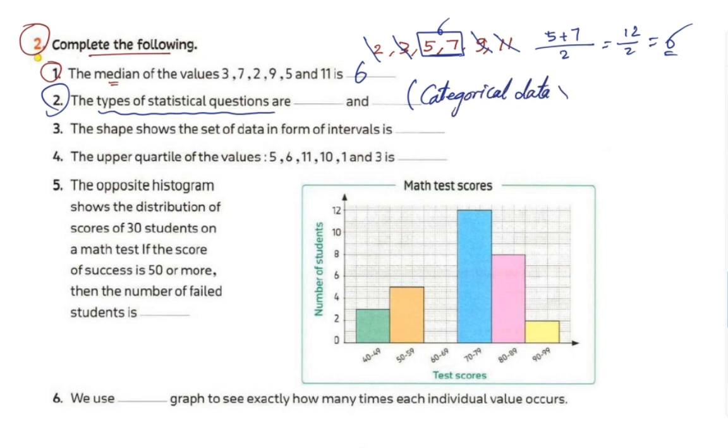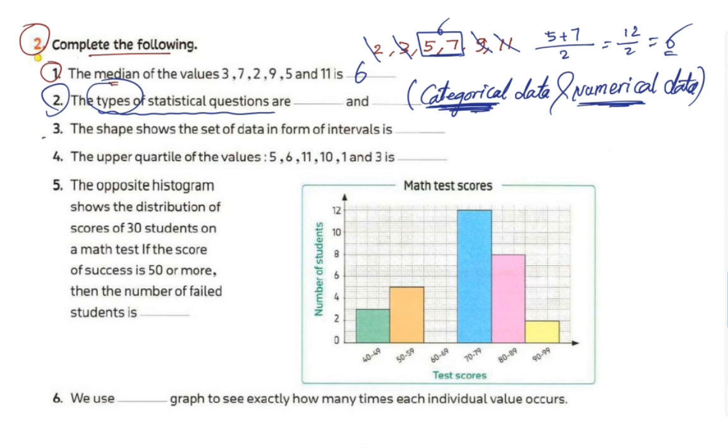Someone may answer this question as statistical and non-statistical, and it's false. He asked about the types of statistical question. A statistical question may be categorical or numerical. For numerical, I will use a histogram. For categorical, maybe a bar graph, and so on.